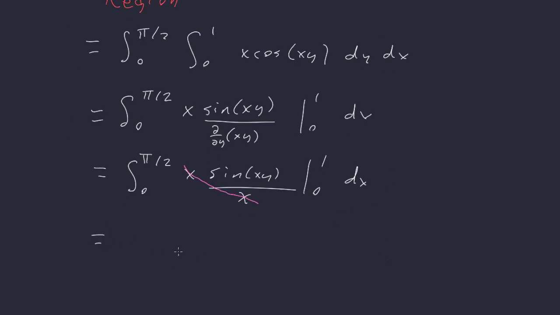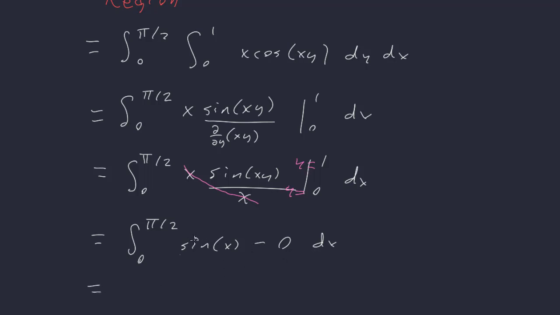Okay, so plugging in the 1, and keep in mind, what are we plugging into? In this case, the y. So we'll have sine of x when we plug in the 1, minus 0 when we plug in y equals 0. Now we just need to integrate this.